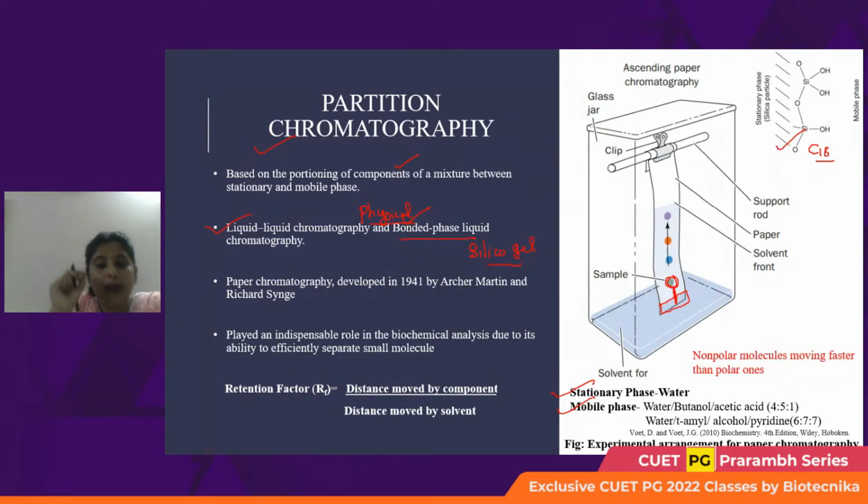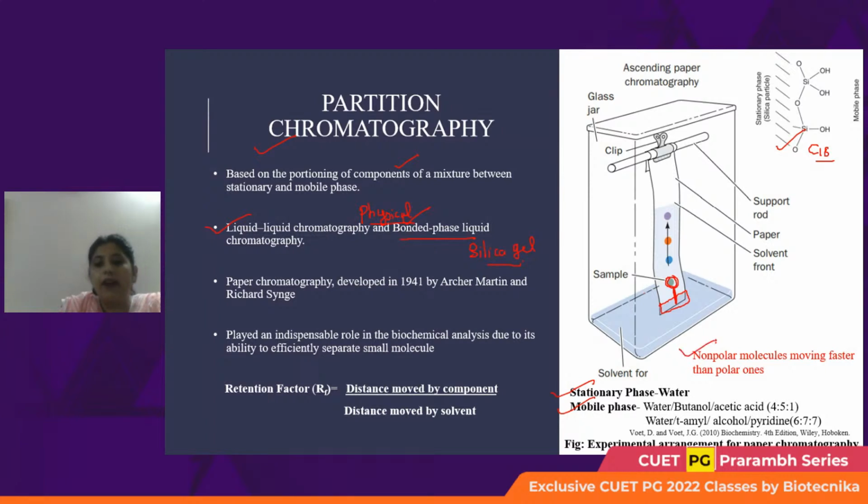Now, what happens because the paper has a fibrous nature? The water will be soaked in by the paper because of its fibrous nature, and it will form a stationary phase. And the organic solvent will migrate as a mobile phase. Now in your sample we have components, some will be polar, some will be non-polar. Based on how they are distributed in stationary and mobile phase, they will be separated.